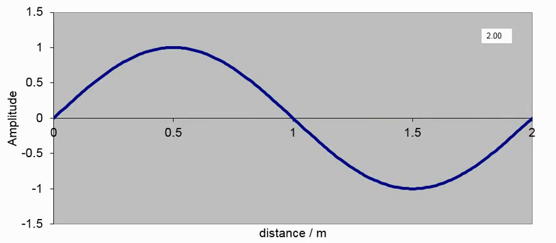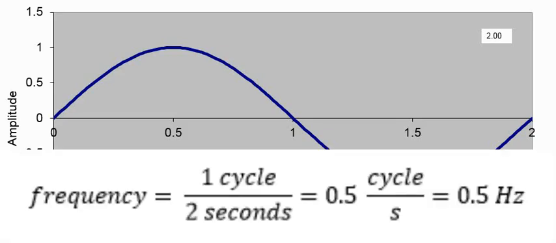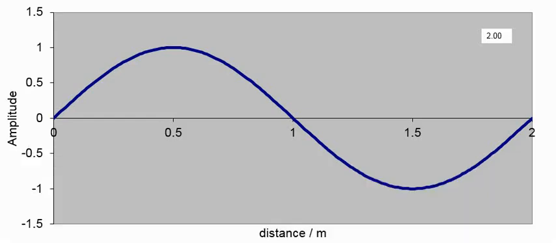Wow, in this case, we see it took a little longer. 1 full wave took a total of 2 seconds to go through a full cycle. Since 1 divided by 2 is a half, we would say that this particular wave has a frequency of 1/2 Hertz. Let me try changing the wavelength one more time.